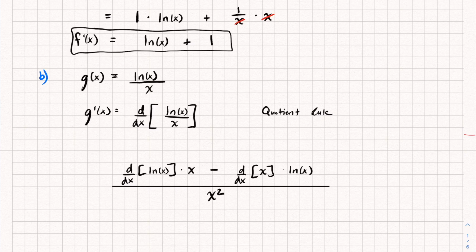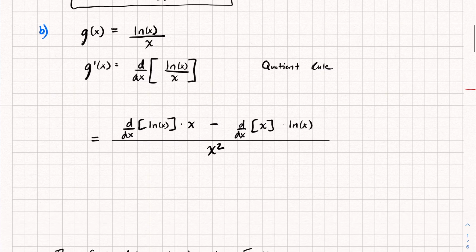So this is going to give me g prime. All right, so I'm just going to go through and simplify this and go through and do the derivatives. Derivative of ln of x is 1 over x again times x minus derivative of x is 1 times ln of x. It's all over x squared. I'm just going to go through and simplify. 1 over x times x again.